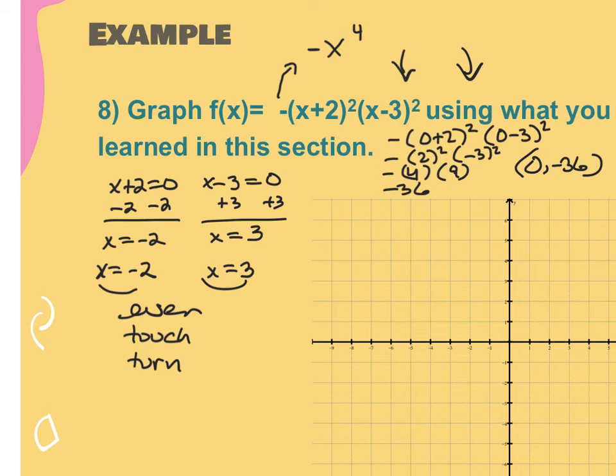So let me graph these 3 points and also add in the end behavior. So I'm going to graph -2, +3, and my y-intercept, which, whoa, it's way down here.